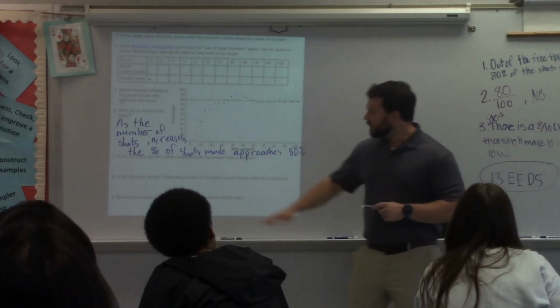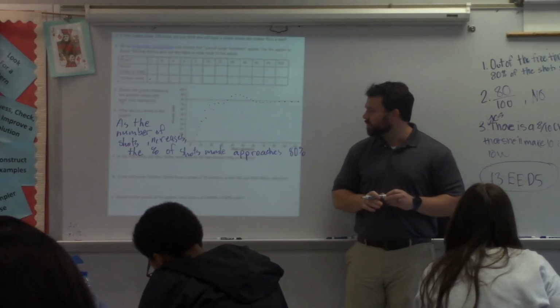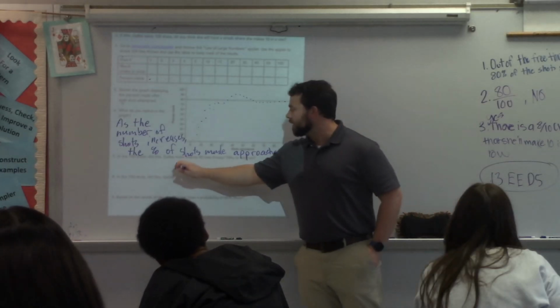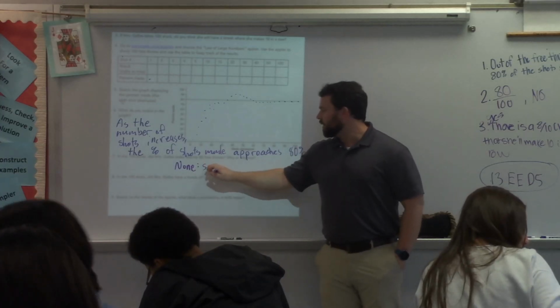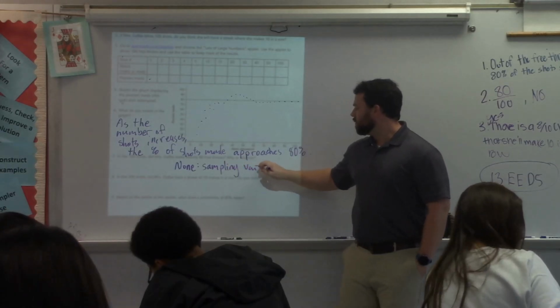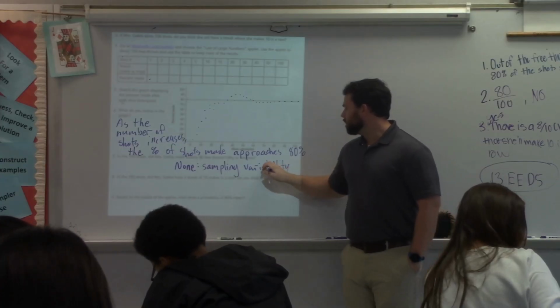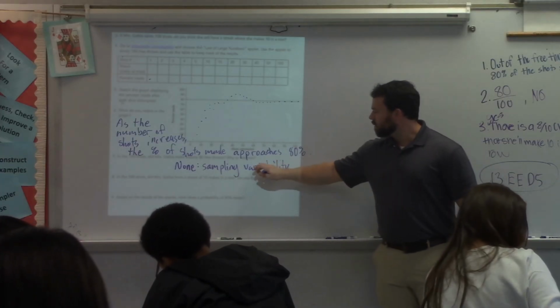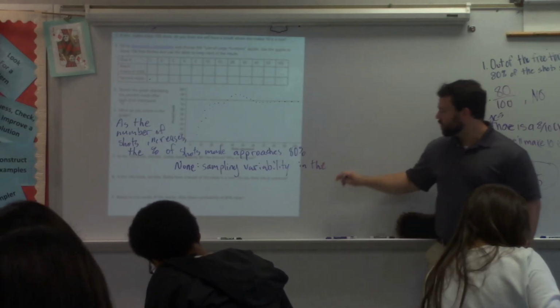So, in 100 shots, did anybody have exactly 80 free throws? None for us, right? Why not? Because of sampling variability. In the short term.